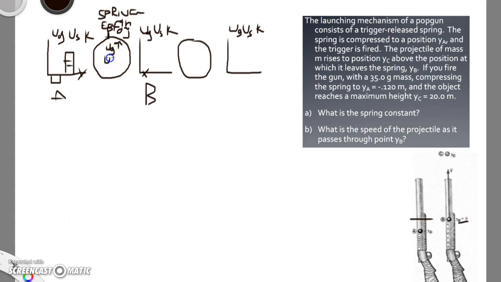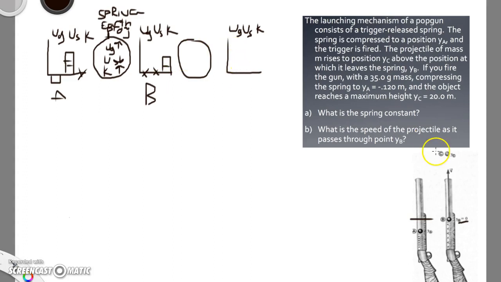The elastic potential energy has decreased because now the spring is no longer compressed, and it's gone into both getting rid of that negative gravitational potential energy as well as creating kinetic energy, because now that projectile is moving, and so we should have all the remaining energy here as kinetic, so that would be 2 boxes.